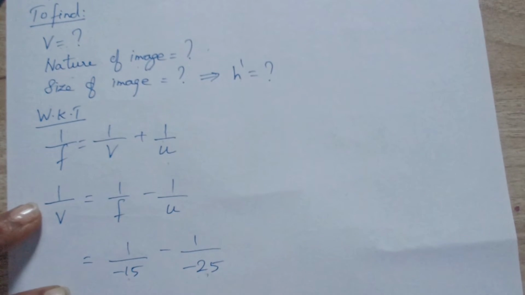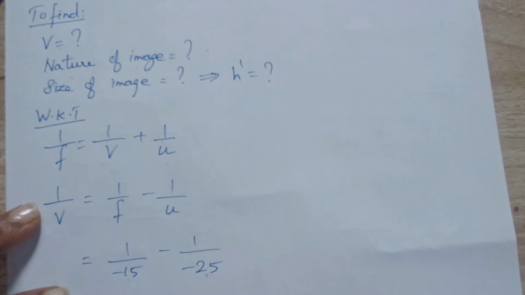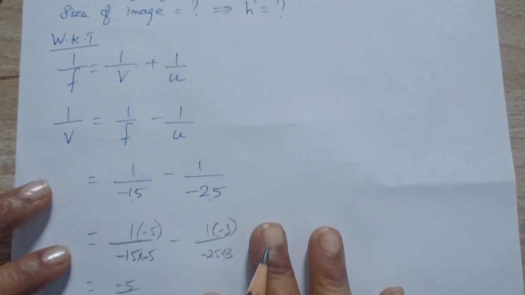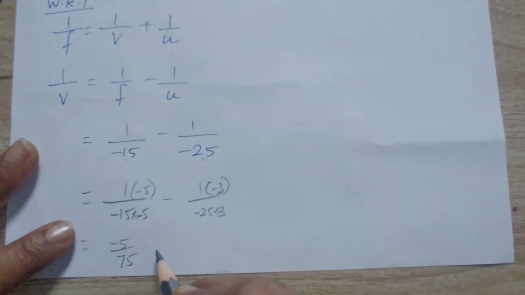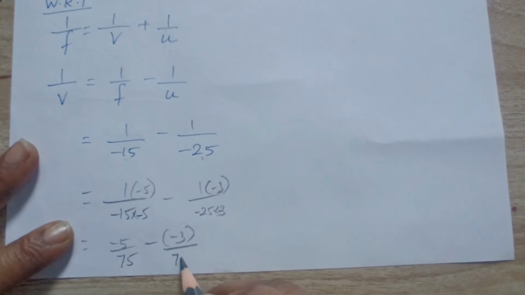Here also minus 5, minus 1 by minus 25. 25 into 3 will give 75. Here also minus 3. So minus 3, that is equal to minus 5 by 75 minus 3 by 75, right?